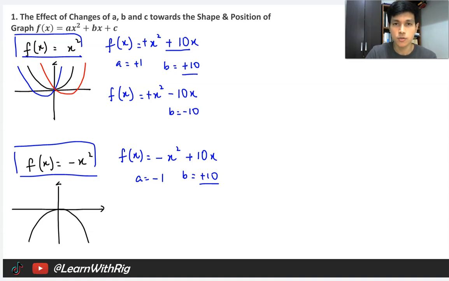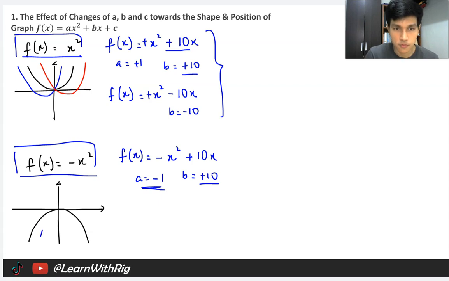So you don't have to remember both, you just have to remember the top, and then for the negative graph, you switch it up, turn it the opposite way. Let me show you. In this case, you have a negative graph, a negative a value, and because it's a positive b value, you move towards the right.